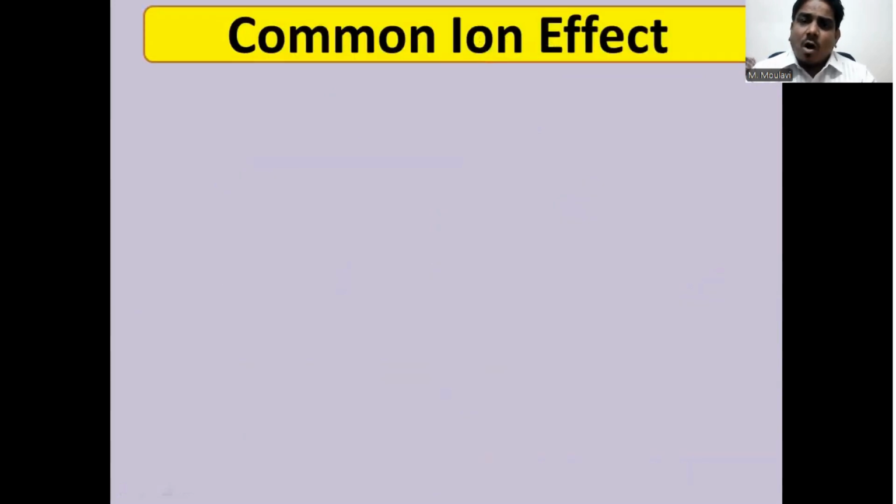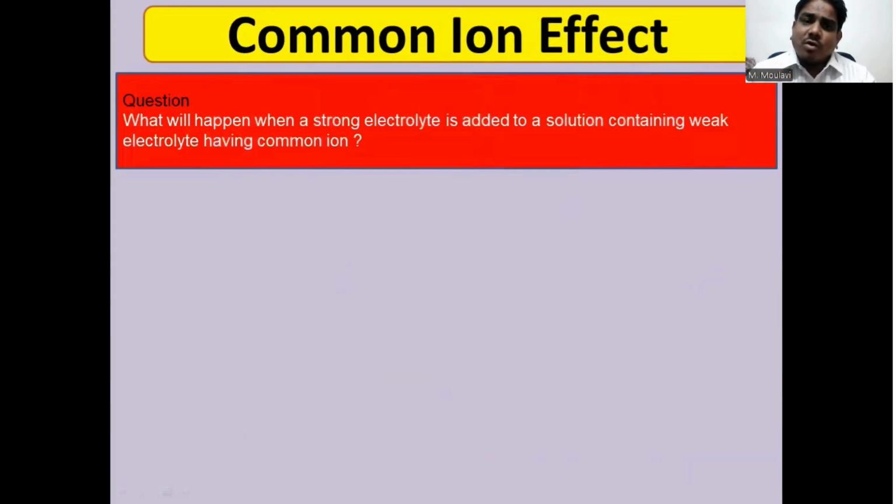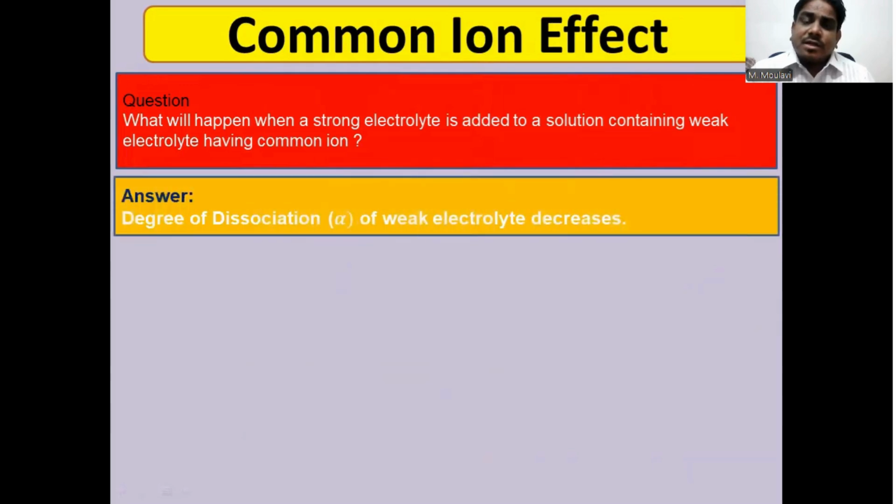For this, understanding and answering this question is very important. What will happen when strong electrolyte is added to a solution containing the weak electrolyte having the common ion? According to the common ion effect, the answer is the degree of dissociation of weak electrolyte decreases.